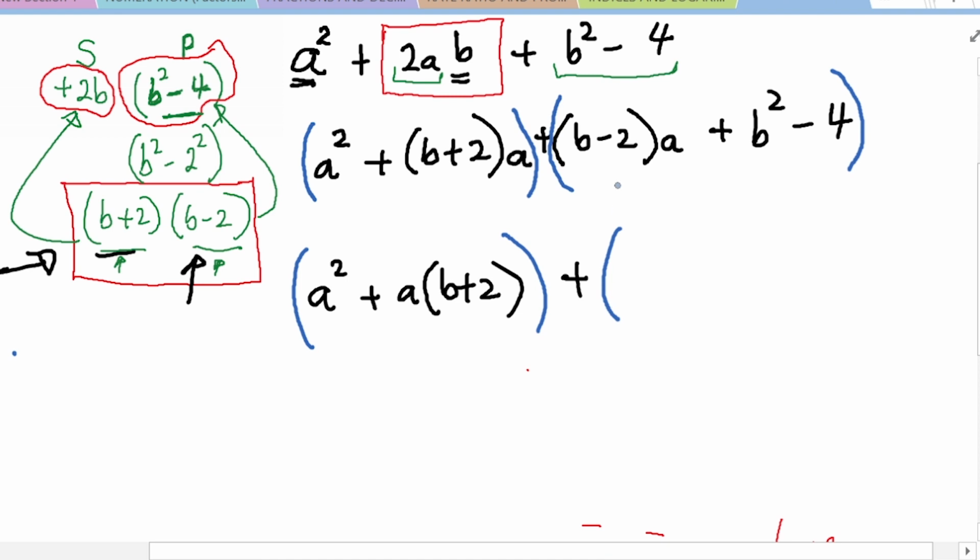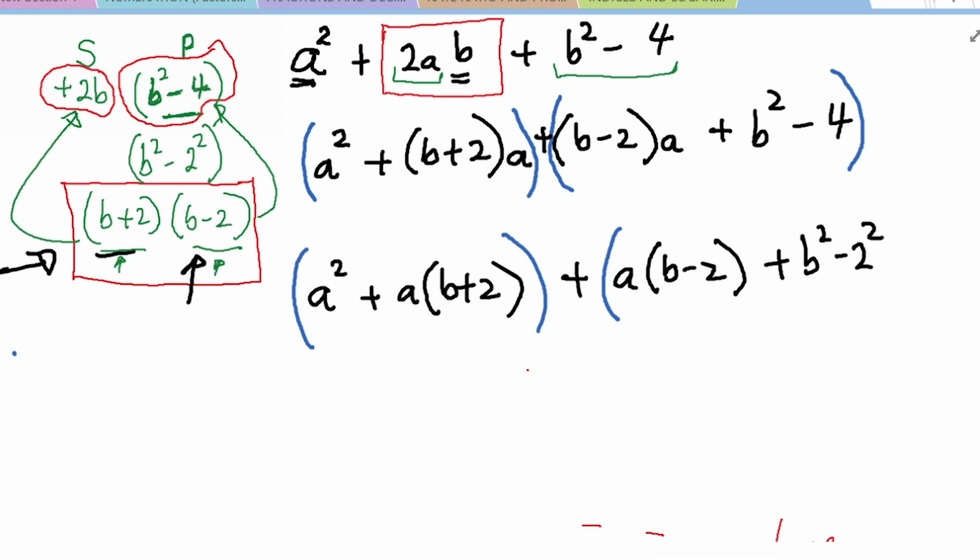Let's try and simplify things in the brackets here for this other number. This is like a into b minus 2. Then that is going to become plus b squared minus 4, remember, it's the same as saying b squared minus 2 squared. I'm still trying to simplify the things in the second bracket.